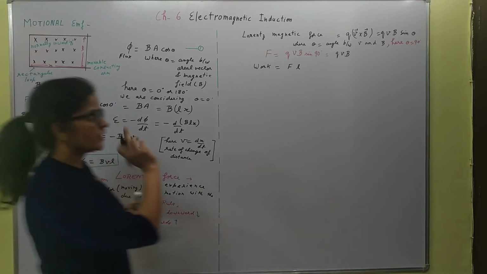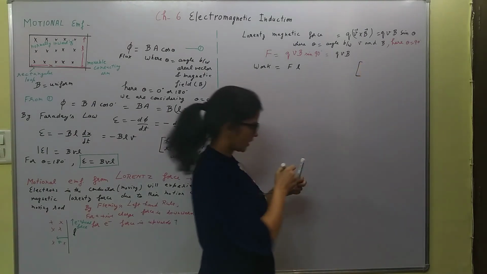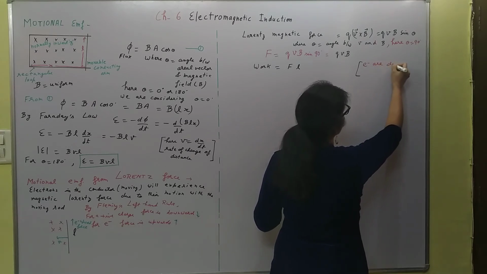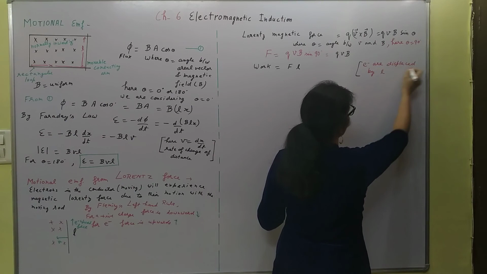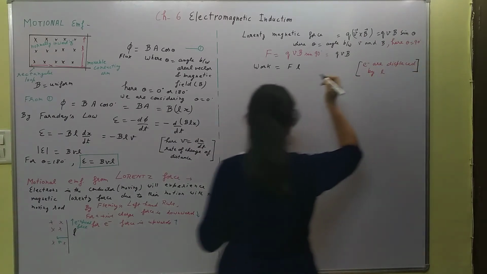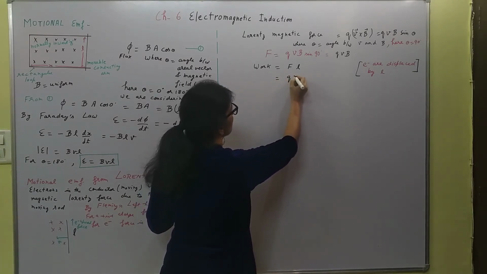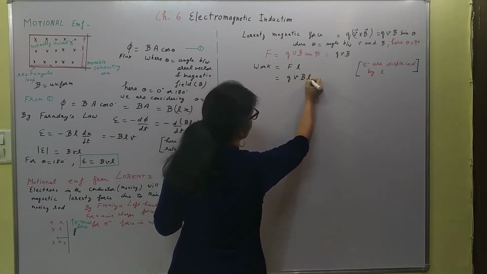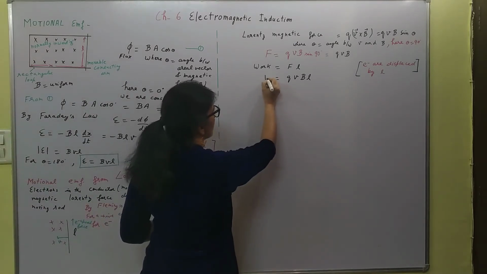So the displacement of the electrons will be L. So here we can write the reason: electrons are displaced by L. We can put the values, QVB into L, right?